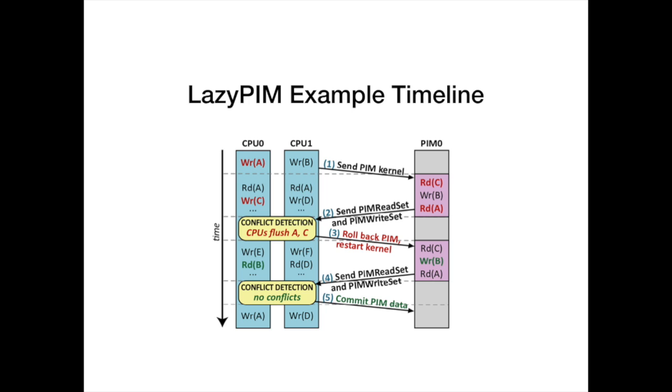An example of that is the second write by the PIM 0 to line B. Any read by the processor during PIM execution is ordered before the PIM kernel's write. The processor can't read the PIM kernel's writes because they're marked by the kernel as being speculative until the kernel finishes.